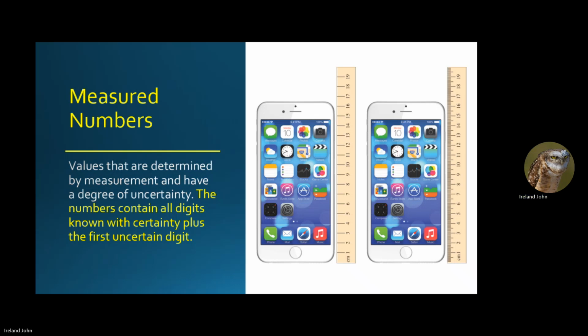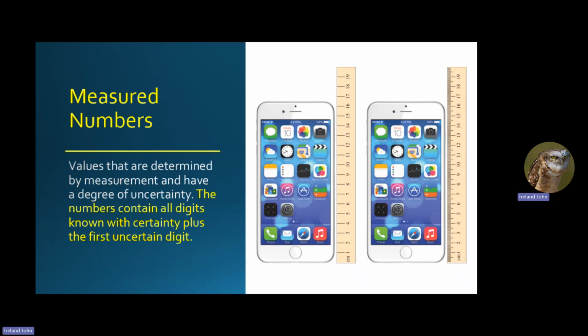All right. Classic example is the phone measured by the ruler, right? So if I look at this phone, measuring it with this first ruler, I can only say it is 16 and some amount of centimeters. I know, for example, that it is at least 16 centimeters. I also know for certainty that it is less than 17 centimeters.